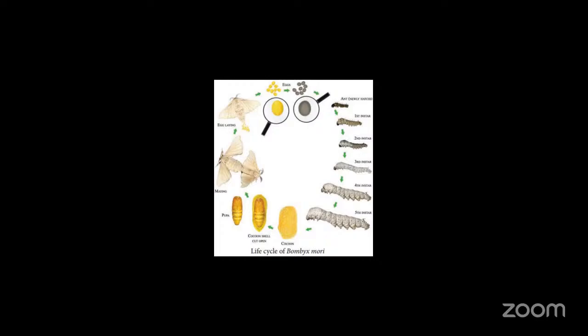China and India are the two main producers, together manufacturing more than 90 percent of the world production each year. 90 percent of silk is produced by only two countries, none other than China and India.